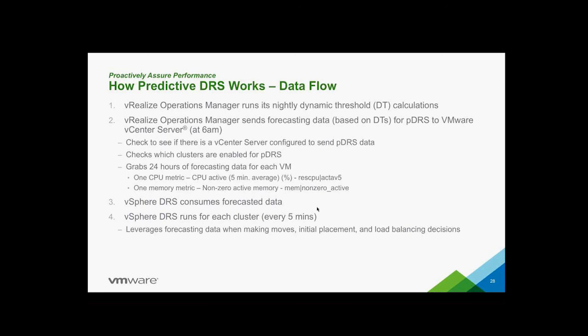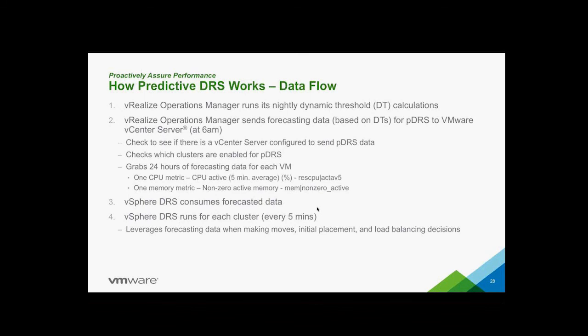Then vSphere DRS consumes the forecasted data for those set of containers where PDRS is enabled, and then goes ahead and leverages that for each cluster every 5 minutes. So it leverages the forecasted data when making moves, initial placement, and load balancing decisions. So you can see there's a lot of work which has gone into this, and it being able to do what it's doing is pretty awesome.